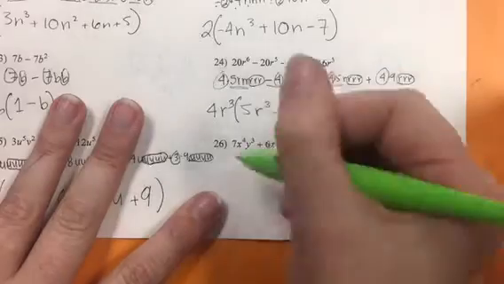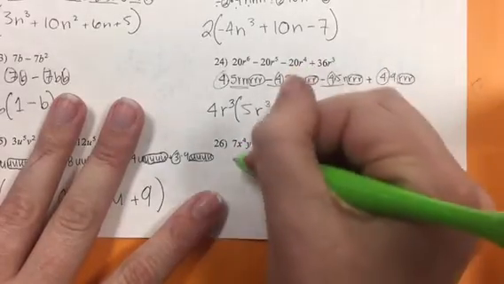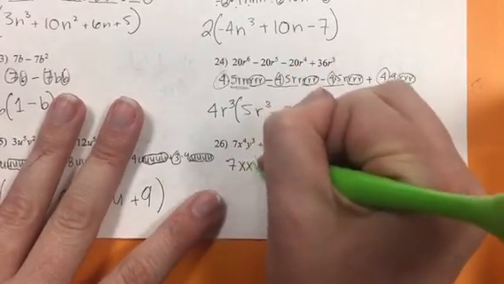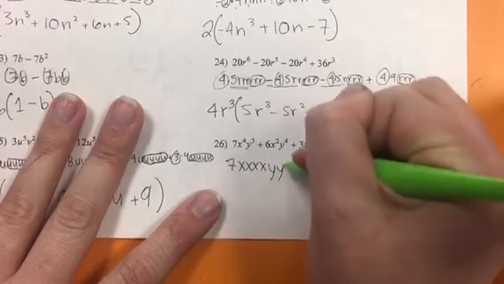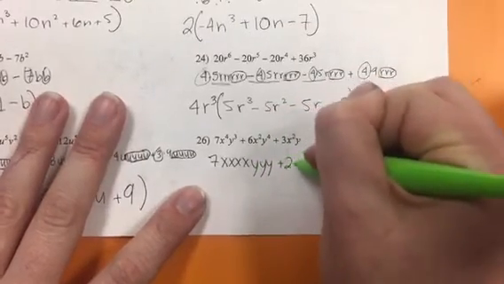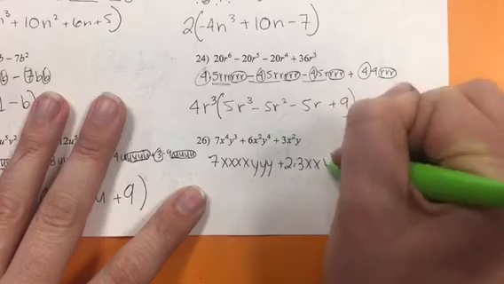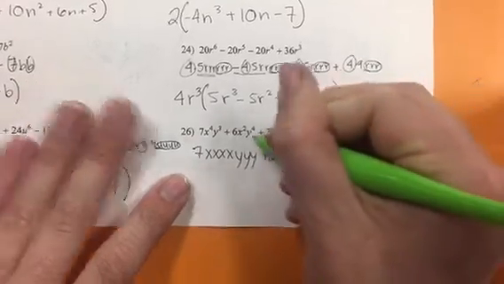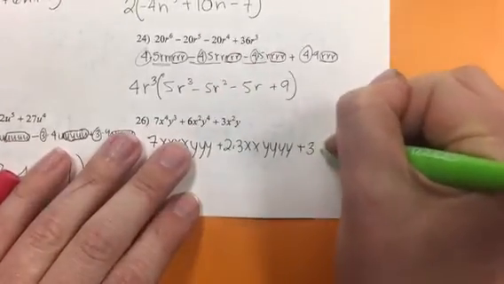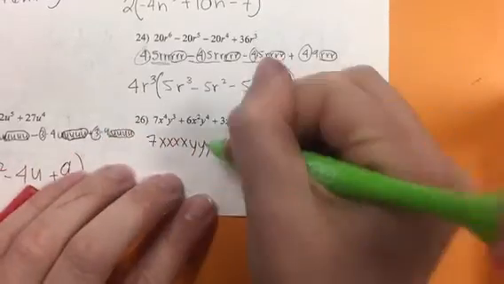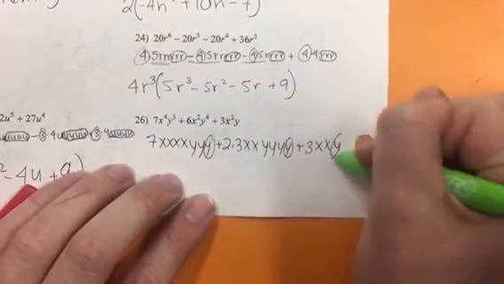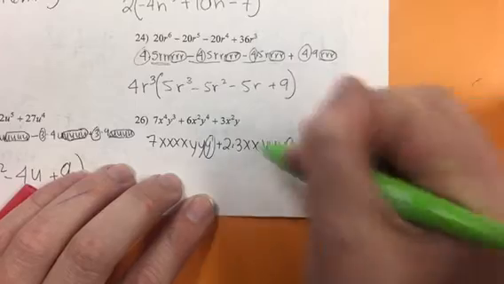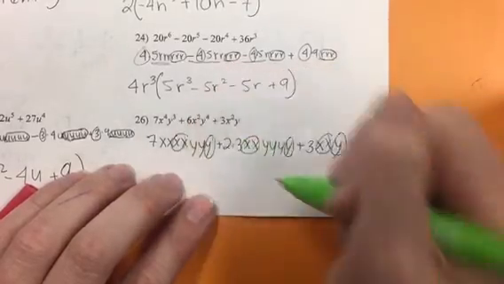7, 6, and 3. 7 is prime, so it cannot simplify. 4 x's and 3 y's, plus 2 times 3x with 4 y's, plus 3 with 2 x's and 1 y. Each of them have 1 y, and I can take out 2 x's.